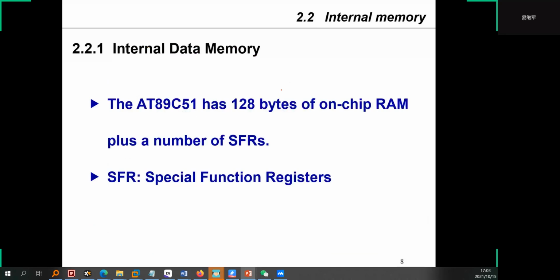Next, I introduce internal data memory. The 89C51 has 128 bytes of on-chip RAM, plus a number of SFRs, special function registers.